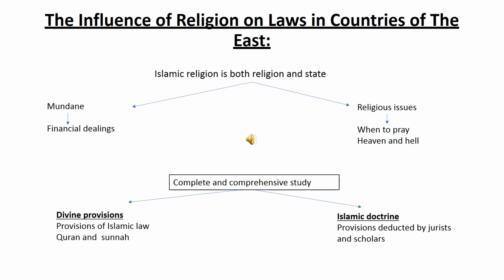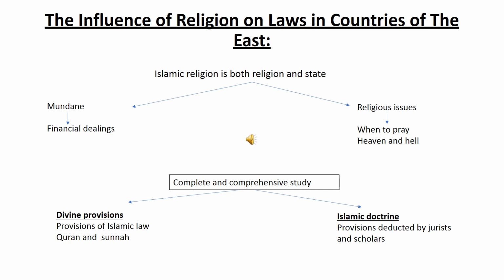For a complete and comprehensive study, Islamic law is divided into two parts: the divine provisions and the Islamic doctrine. What's meant by the divine provisions? These are provisions of Islamic law from the Quran and the Sunnah, the sayings of the Prophet Muhammad. As for the Islamic doctrine, these were provisions deduced by jurists and scholars.